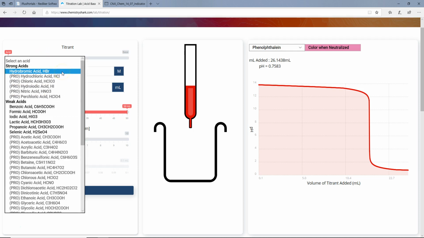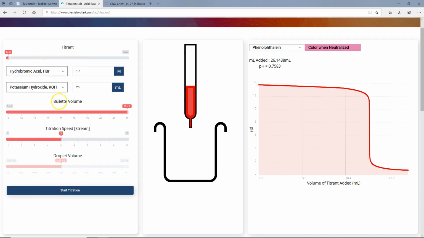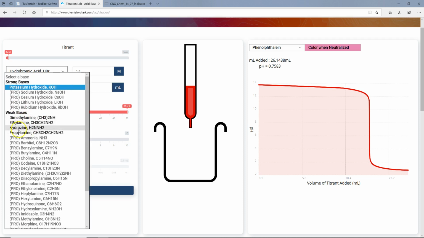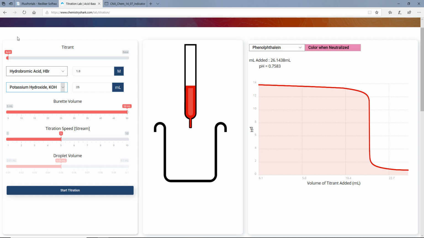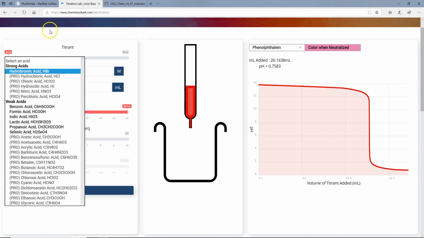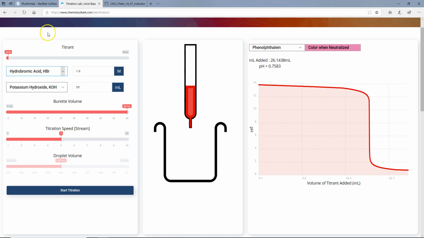Then you would change that up to a strong acid with a weak base. So you have a few there to choose from. And then weak to weak. If you want to switch those up and start with a base and go to an acid, feel free to do that. That just gives you some additional illustrations of what you're going to see in a titration.